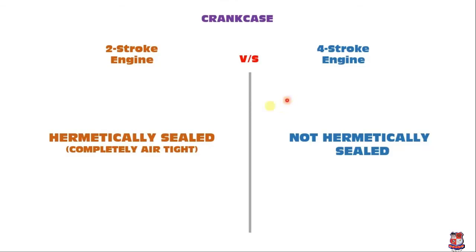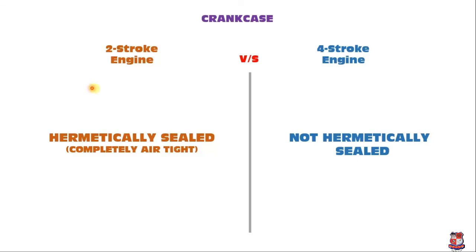In two-stroke engine, the crankcase is hermetically sealed, means it is completely airtight, because we are first taking the charge from the inlet port into the crankcase. Then in the next cycle we are transferring that charge to the cylinder through the transfer port.